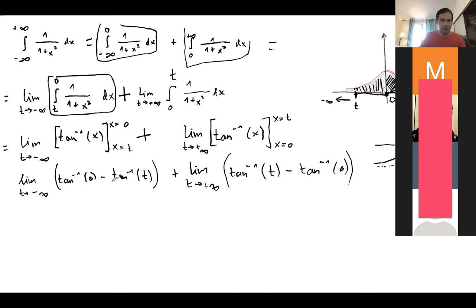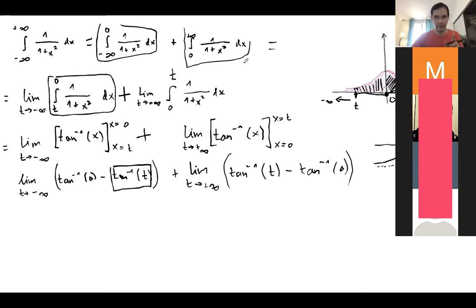So now let's look at what's happening with this limit. That's the function tangent inverse. And now this is a question I would like to ask you, because I want to see if my computer is working well and I have all the connection.